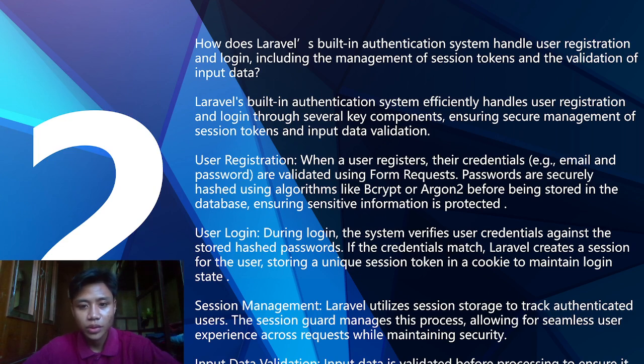User registration: when a user registers, their credentials, email and password, are validated using form requests. Passwords are securely hashed using algorithms like bcrypt or Argon2 before being stored in the database, ensuring sensitive information is protected. User login: during login, the system verifies user credentials against the stored hashed password.